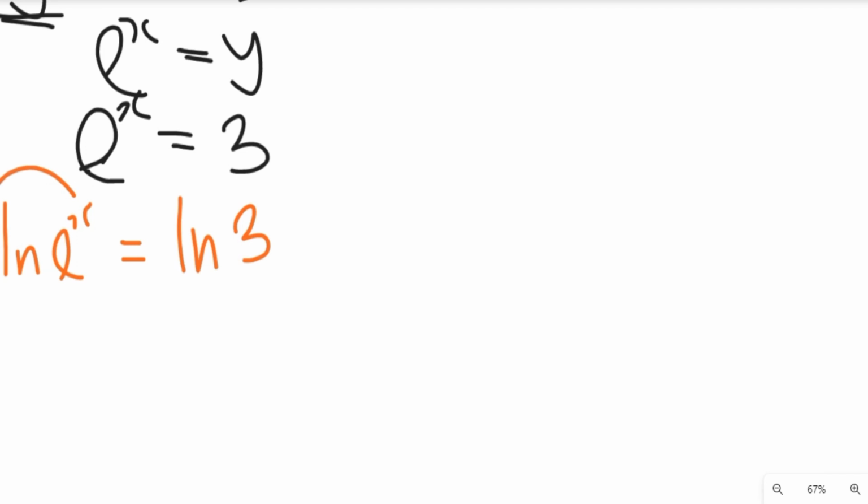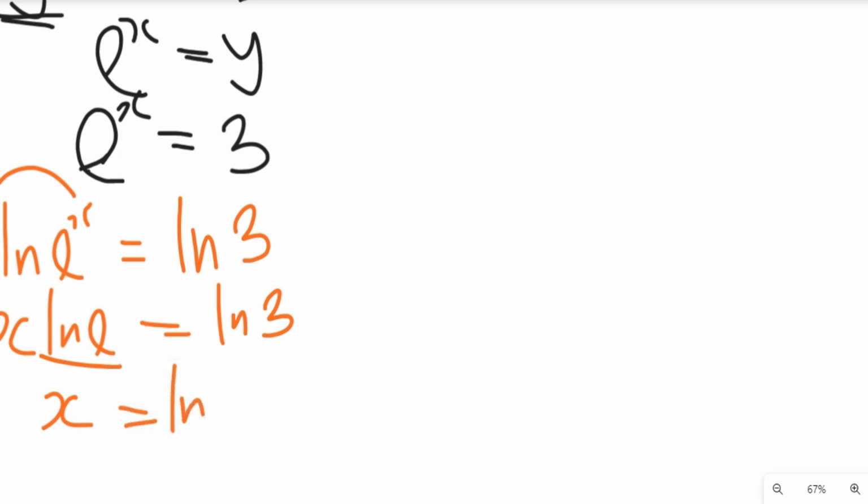From the rules of logarithm, the x will multiply the natural log of e, and that will be equal to the natural log of 3. According to the laws of logarithm, the natural log of e is 1. So x times 1 gives us x equal to the natural log of 3.